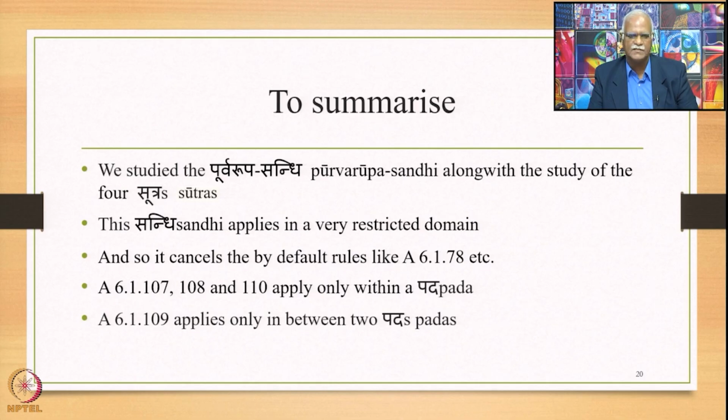This Sandhi applies, as we have seen, in a very restricted domain, and so it cancels the by default rules like 6.1.78, etc. We also noted that 6.1.107, 108 and 110, Ami Purvaha, Samprasaranachcha and Ngasingasoscha apply only within a pada, whereas 6.1.109 Eng Padantat Ati applies only in between two padas. This distinction is very, very important.